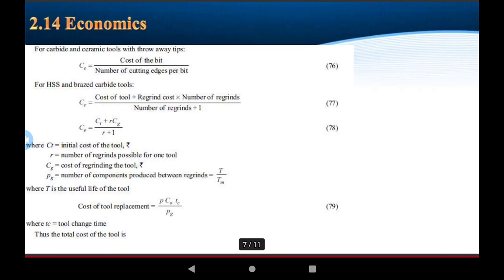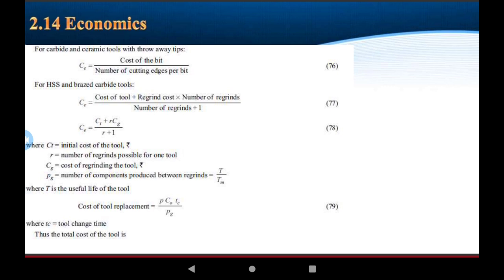Another formula is also used for the economics, for the fabricated ceramic tools in any type of application. C is the cost of the bit upon the number of cutting edges per bit.